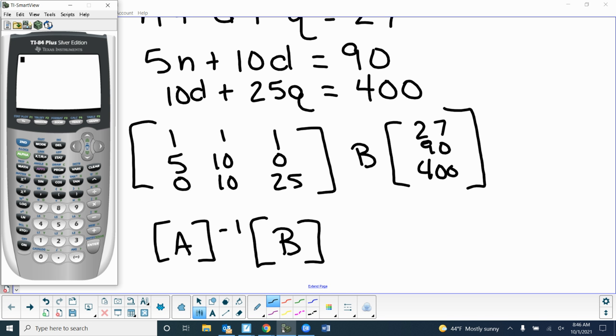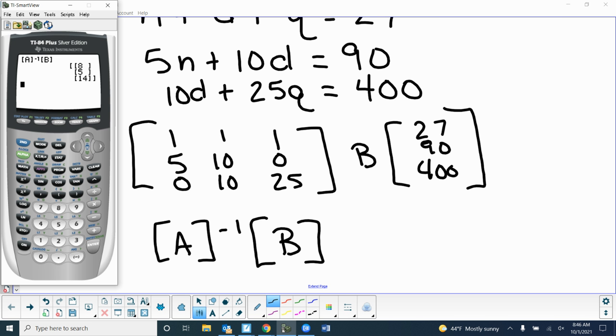Get out of there, second mode for quit. Go back in, edit, remember number 2, 3 by 1, and then 27, 90, 400. Jump out of there, get back in, just hit enter for A, then hit the inverse button, jump back in, hit 2 for B, enter.